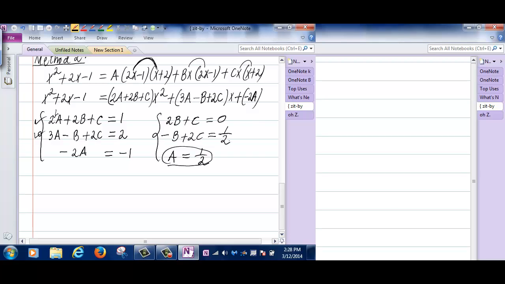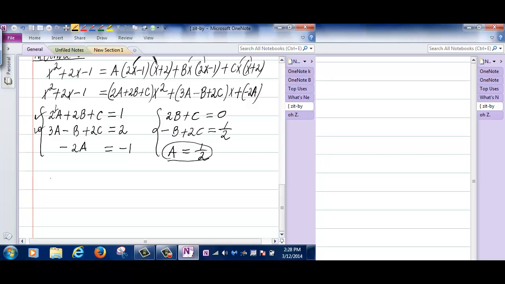Now I have 2 equations and 2 unknowns, right? And I can easily solve for B and C. So what I'm going to do here is I know that A is a half. I'm going to write down the first equation as it is. I am going to keep it as it is.